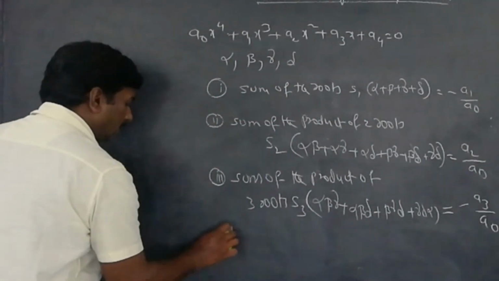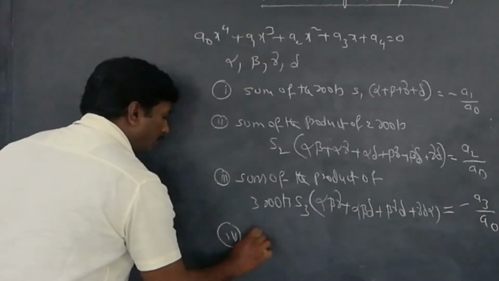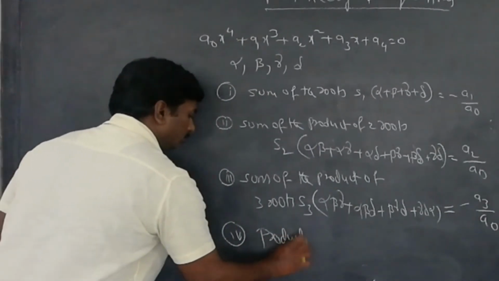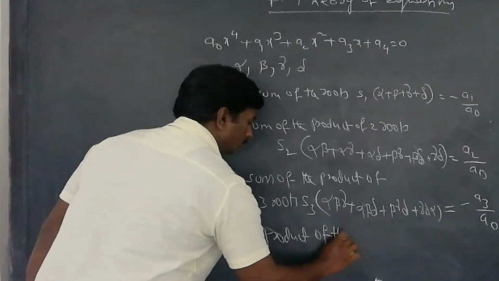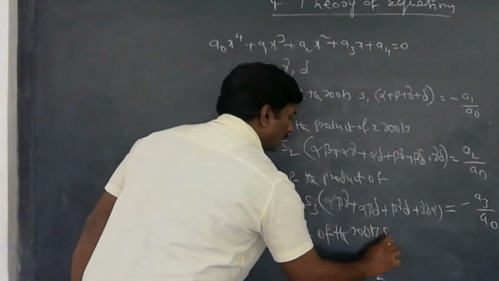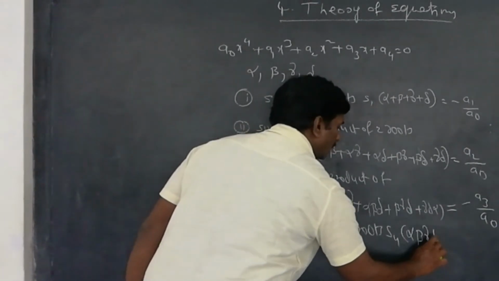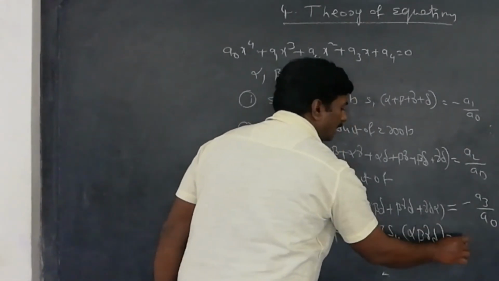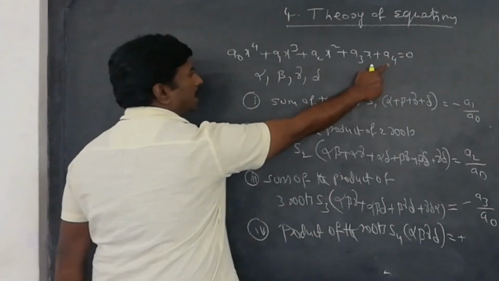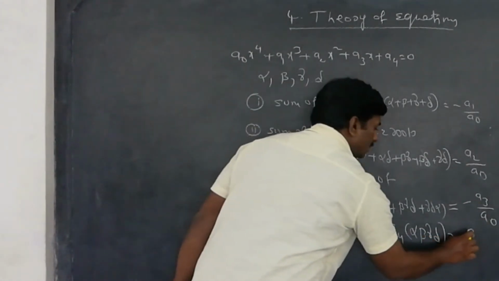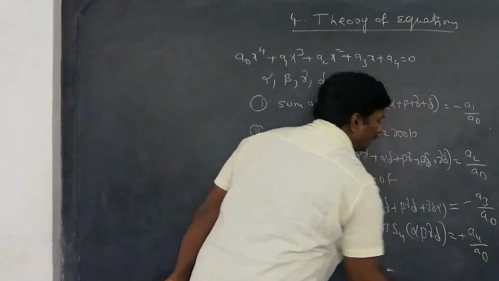Now the fourth condition, product of the roots, this is S4. Product means alpha, beta, gamma, delta. This is alternate sign, plus constant by leading quotient, that is A4 by A0.